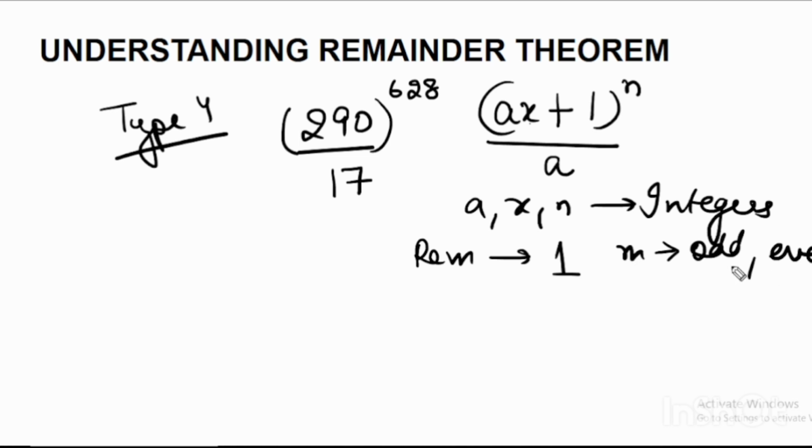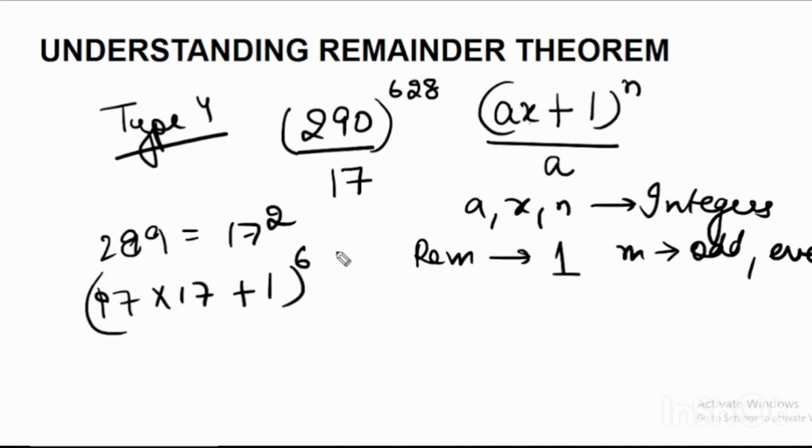Why I am specifying odd or even, you will get to know in just a few minutes, because in case of -1, there are some conditions. So here you can write 289 is equal to 17 squared. So you can write 290 as (17 into 17 plus 1) power 628 divided by 17. The remainder will be equal to 1.